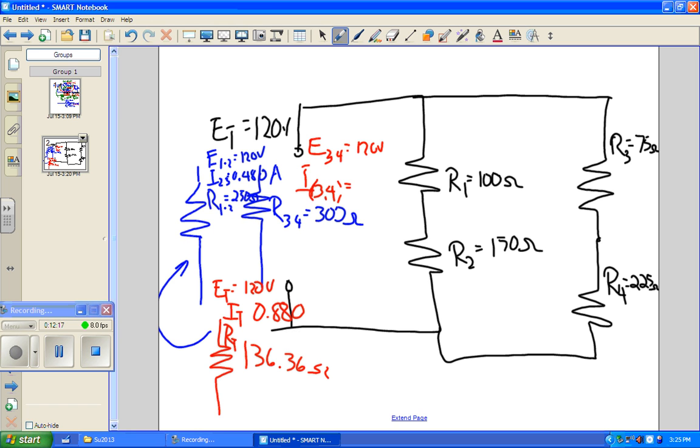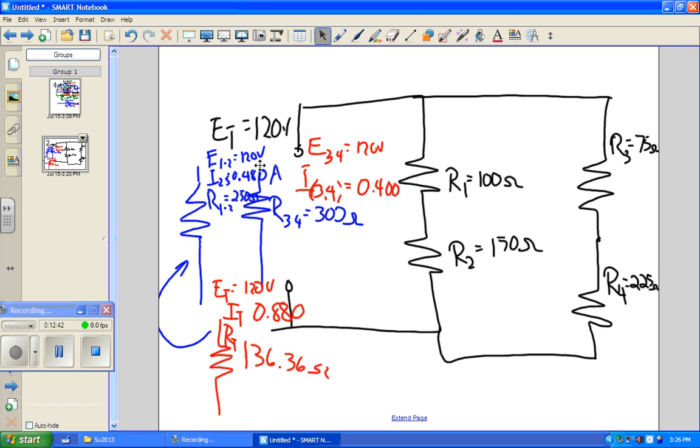What is I34? 0.4. Now let's look at our total current, which is 0.880. If we add 0.4 and 0.48, what do we get? 0.88, right? Okay, so we have the right current.